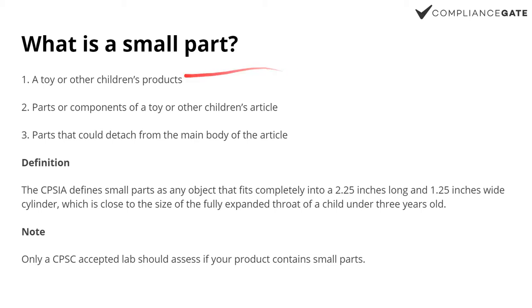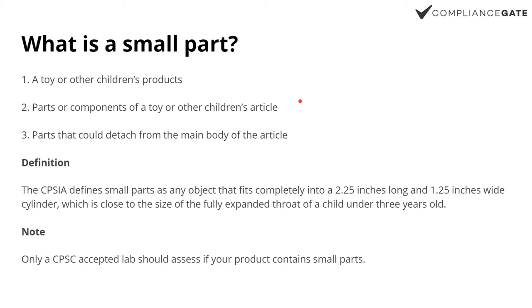It could be the entire product, like the complete assembled product could be considered a small part. It could also be a component used to make that product. Imagine it could be something that's inside a container.